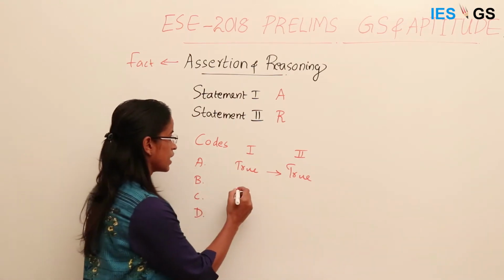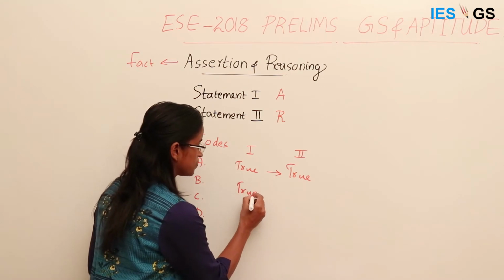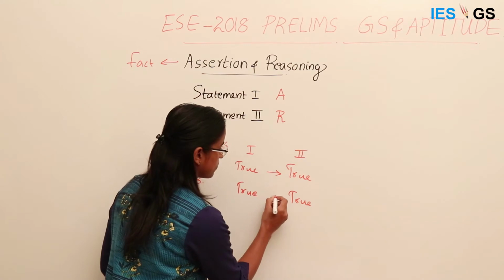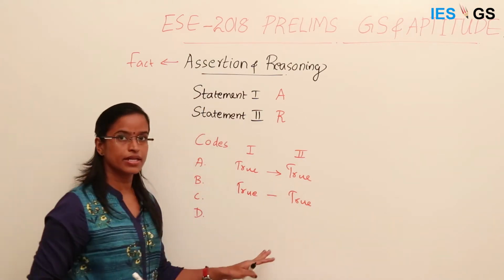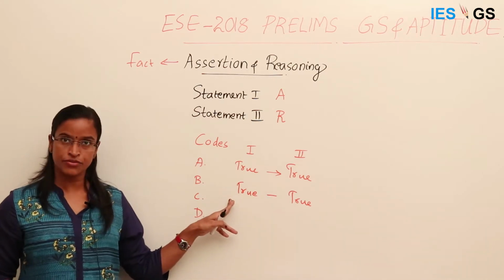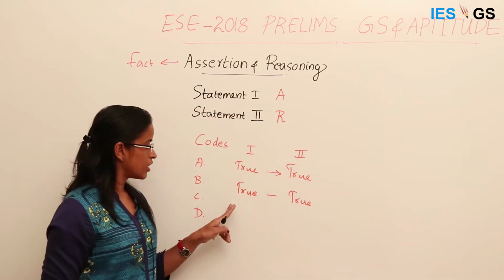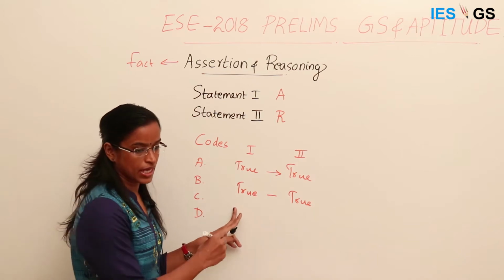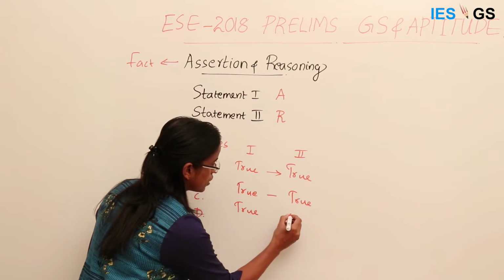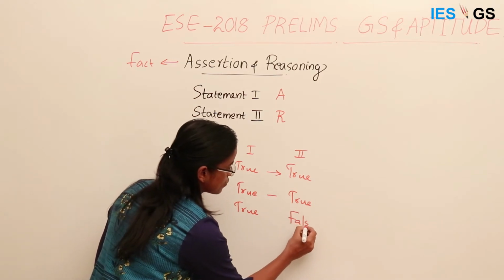And option B, if both are true but there is no connection between them, they are independent true statements. It does not form the reason for the first statement. You have to select option C if the first statement is true but the second statement is false.